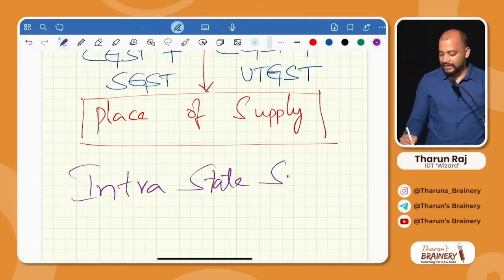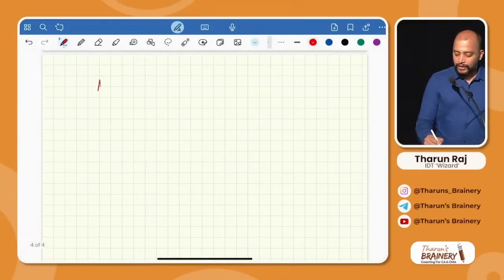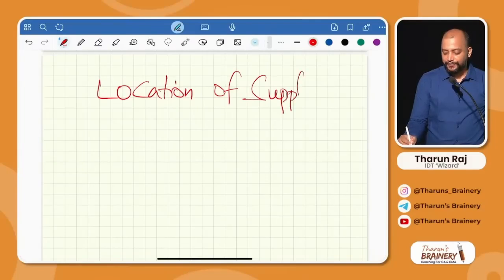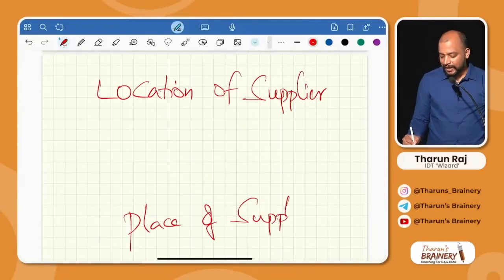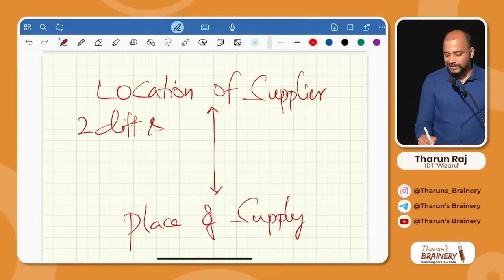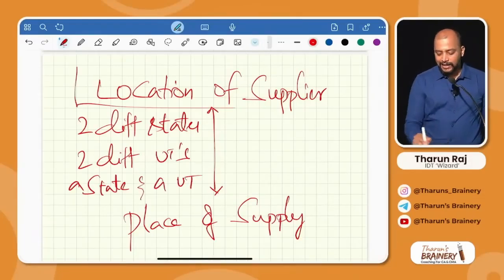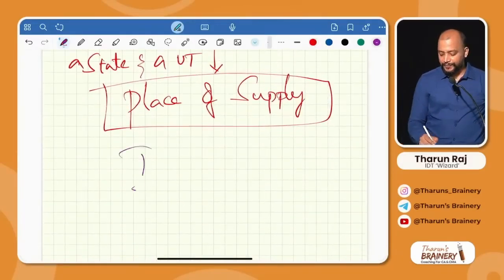Intra-state supply. Then what is interstate supply? If the location of supplier and place of supply are in two different states, two different union territories, or a state and a union territory, then it will be called what?